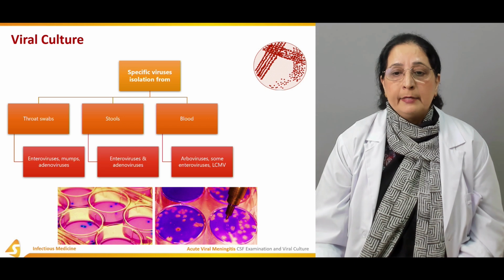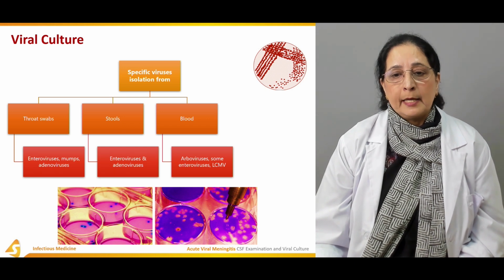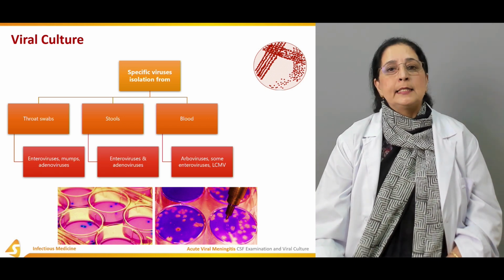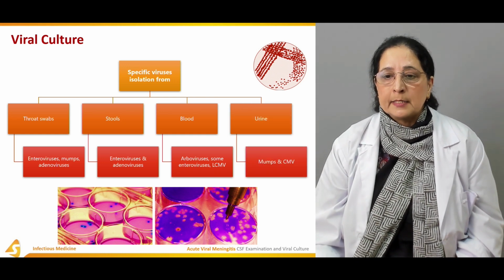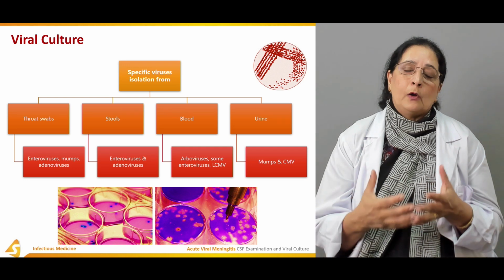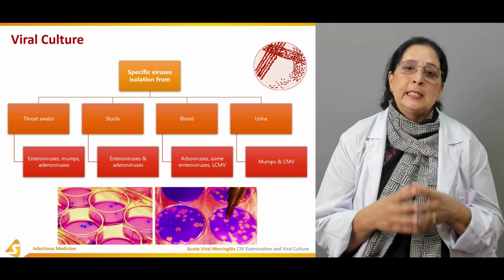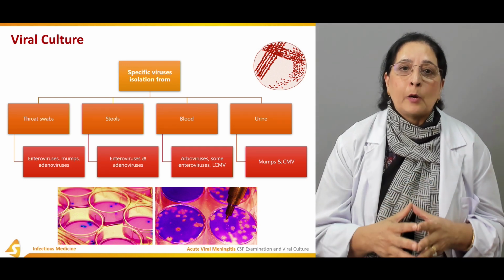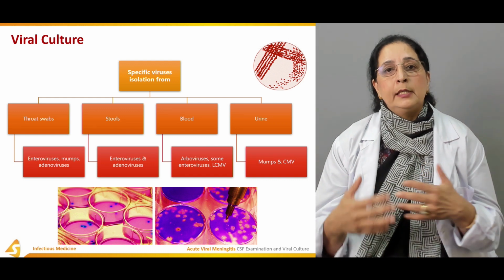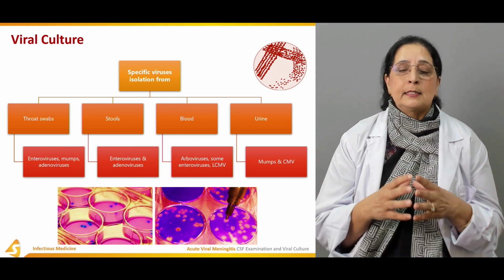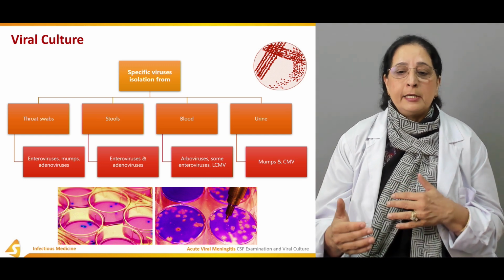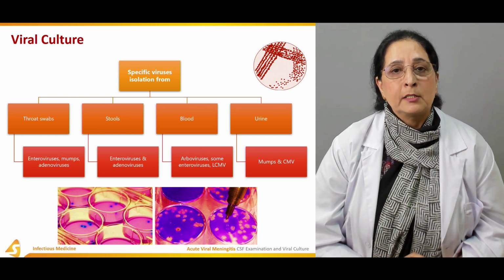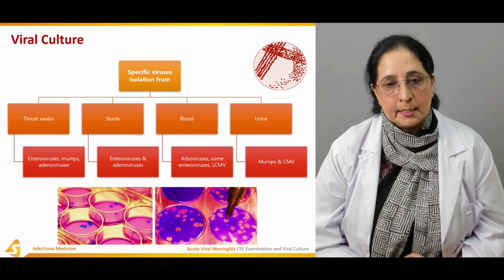From blood, adenoviruses, some enteroviruses and LCMV. And from urine, mumps and CMV. So these are all the sources from which the specimen can be obtained to look for the specific virus by culture, and then we can find out the causative virus so the treatment can be done.